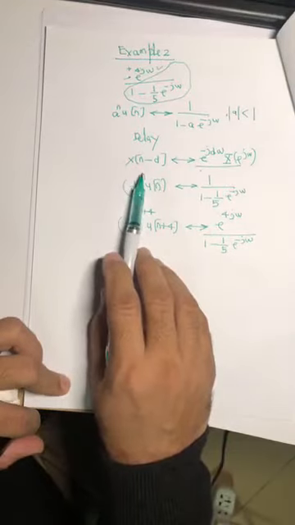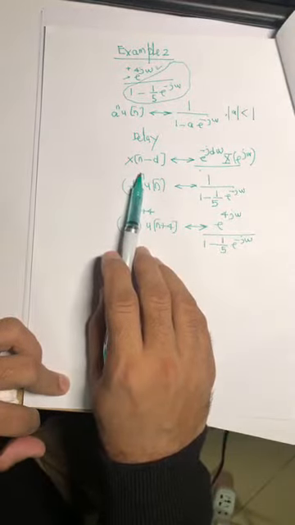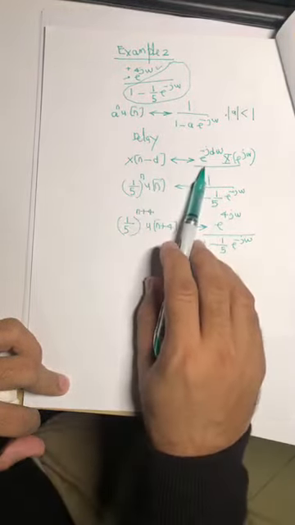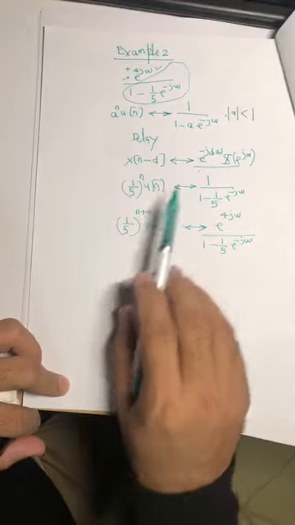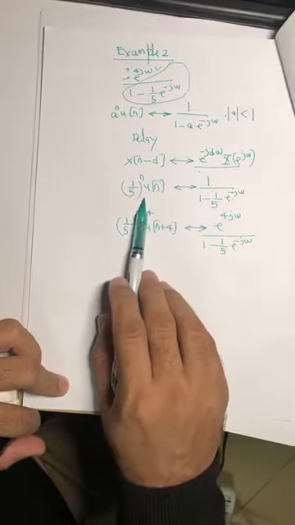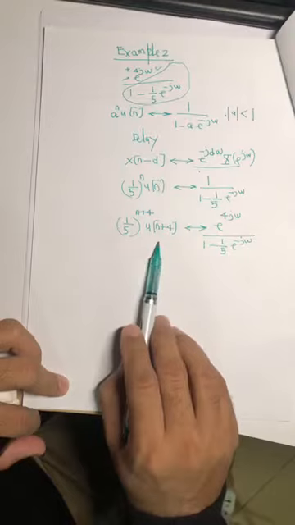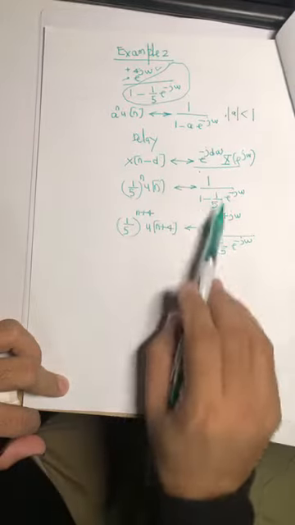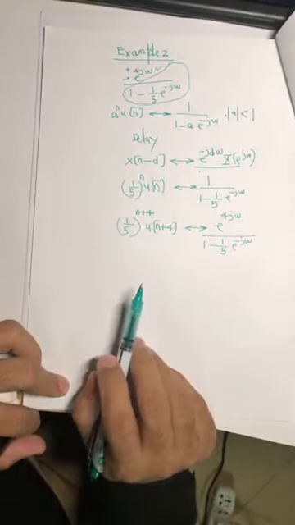And the delay property says the delay in time is multiplication by an exponential. So we apply the pair and then we apply the property, and then we get the answer to the question.